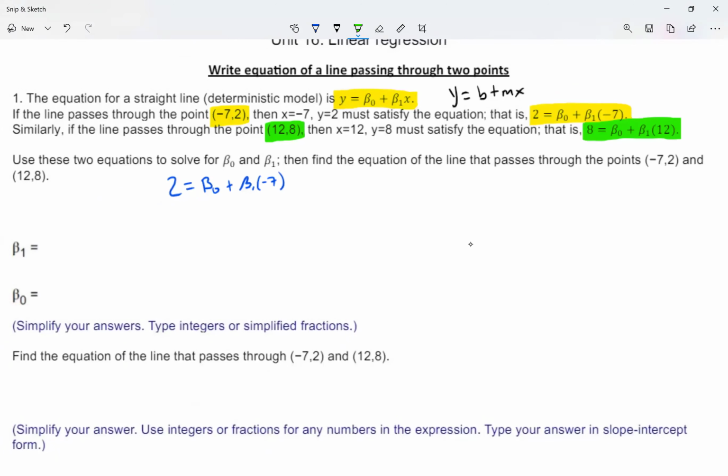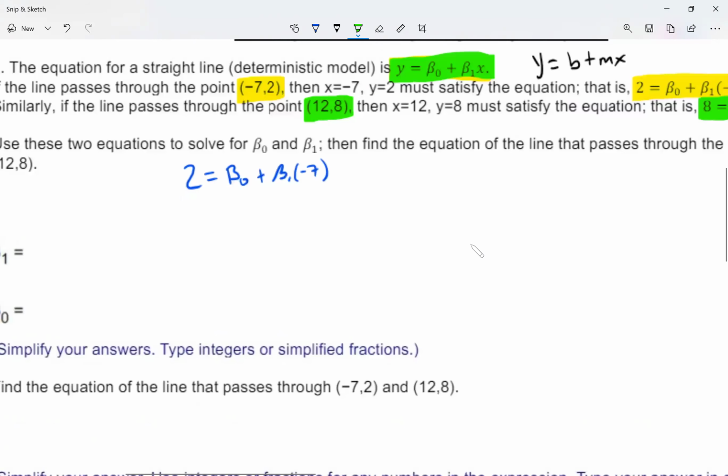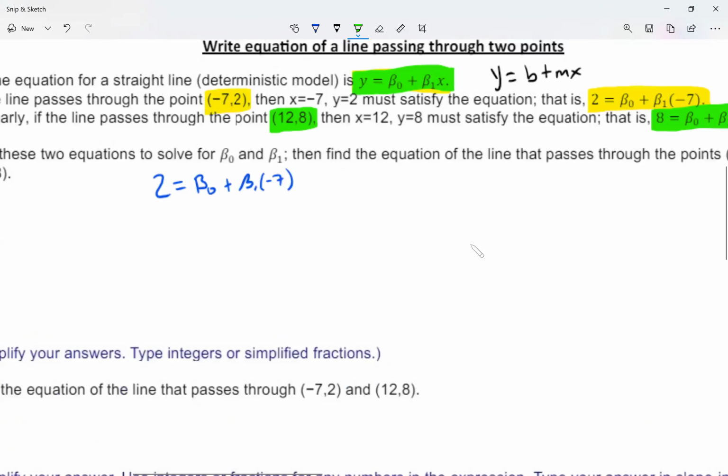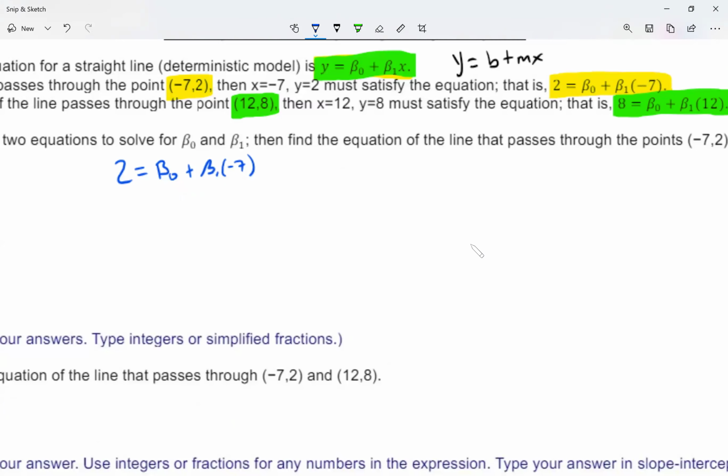Notice I'm using the same equation from the beginning. It's just that I replace my values of x and y. So let me rewrite that equation here. I have 8 is equal to beta 0 plus beta 1 times 12.